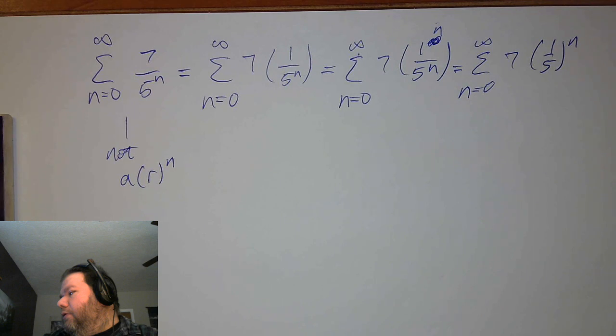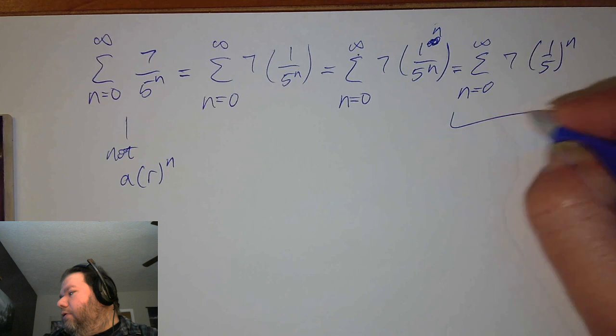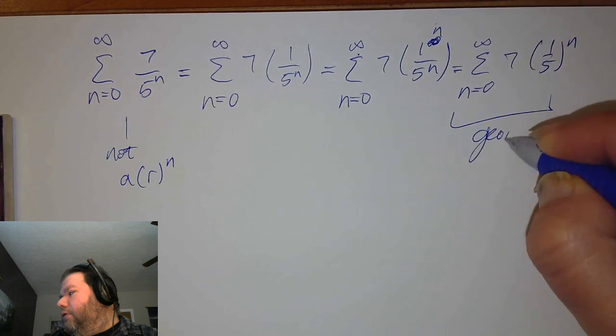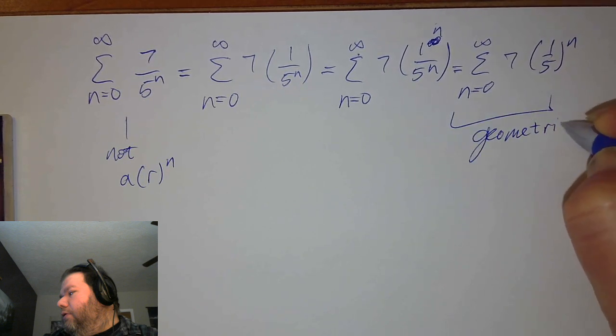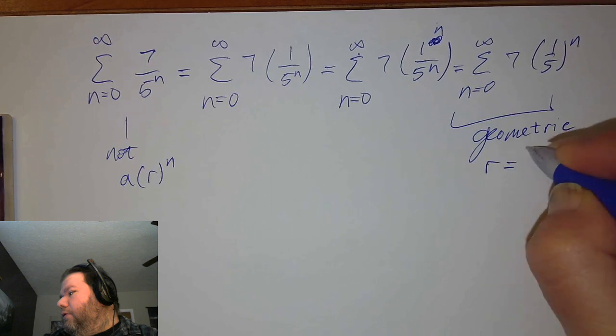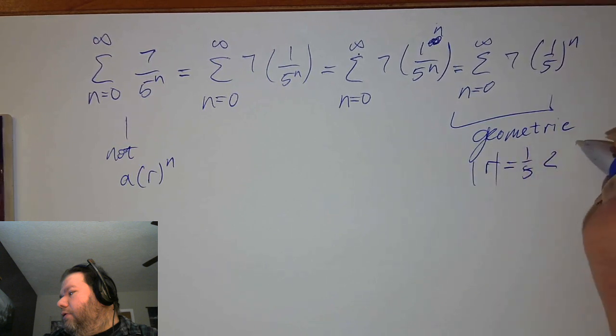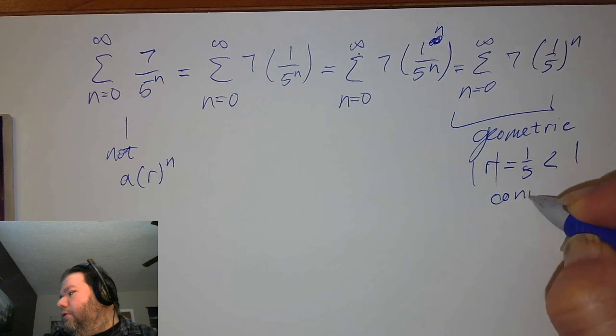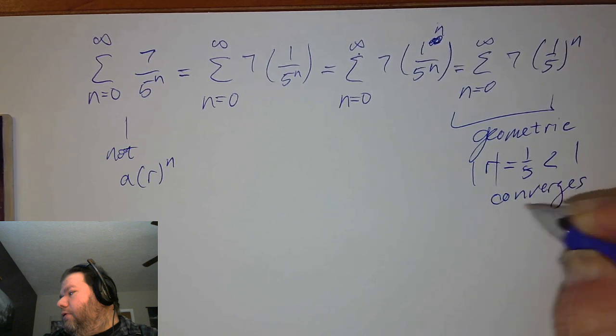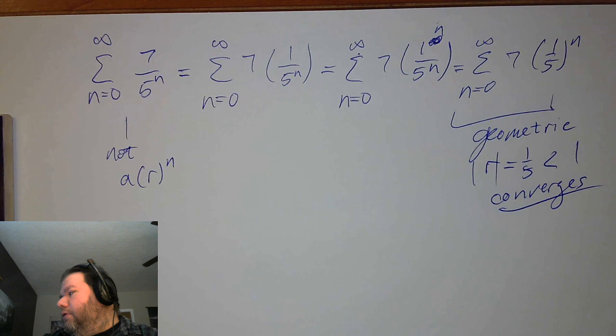Now it looks like our geometric series. And what's more, we can say r is equal to 1/5, and it's less than 1, so it converges. The absolute value of the ratio is less than 1, so it converges.